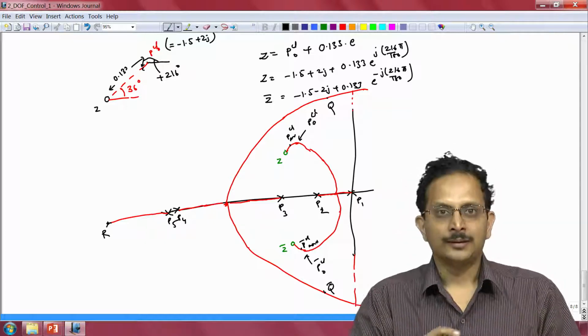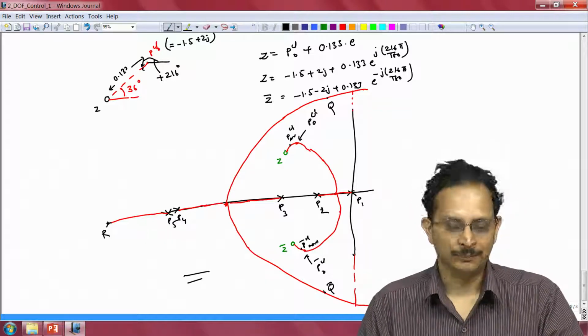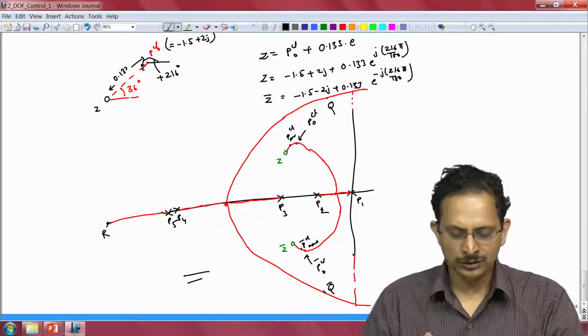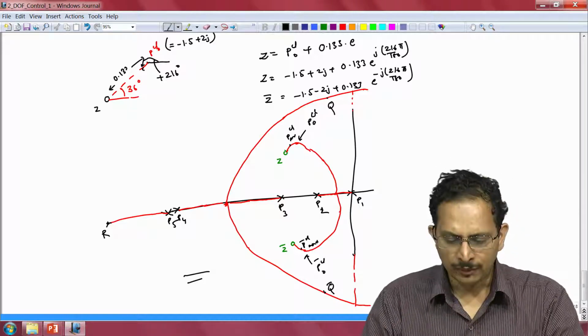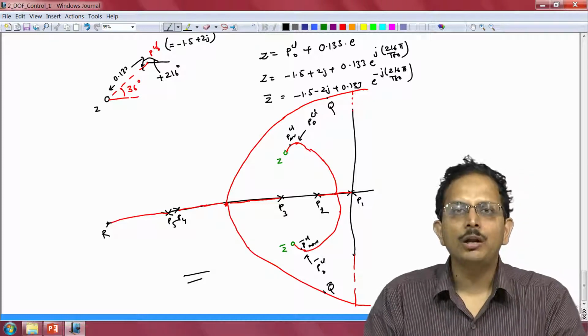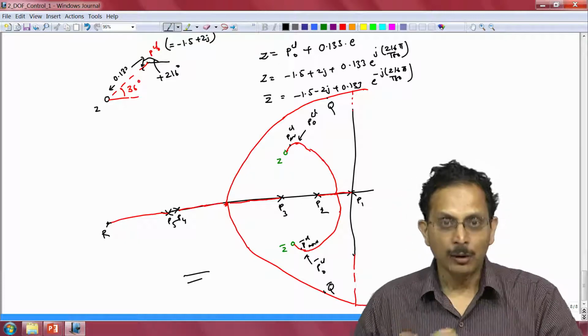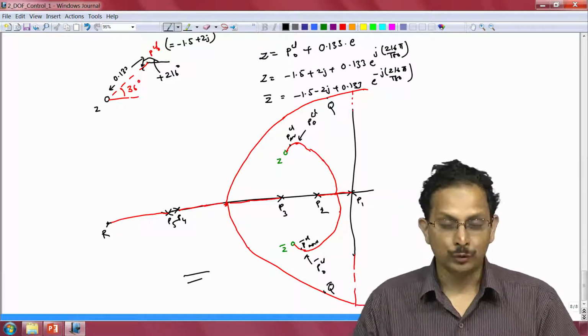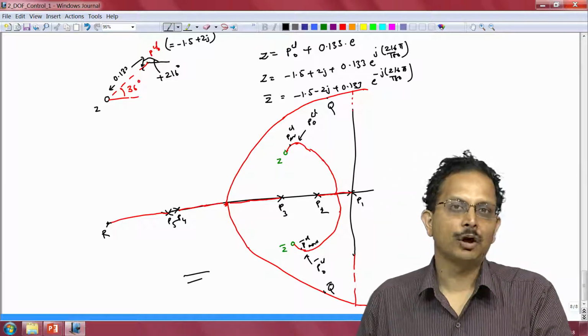Now the root locus that I have drawn here is really not to scale. That is because we have assumed the distances of the points P2, P3, P4, P5 and so on from the origin are all nearly comparable to one another, so that they can all be shown on the same graph. However, as we discussed, we have chosen to place the points P4, P5 very far away from the origin.